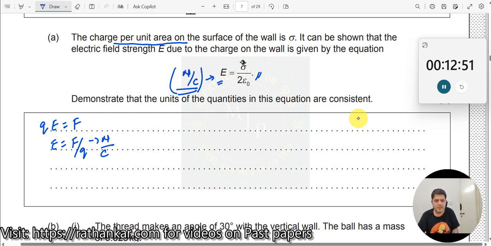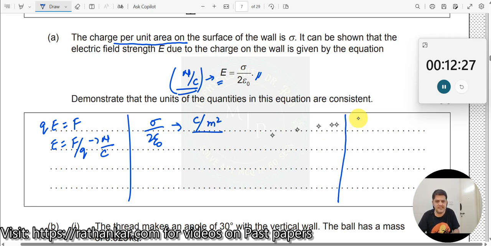Now we need to prove that this will also have the same unit. Now sigma by 2 epsilon naught. Sigma is nothing but charge per unit area. What is area? Square meter. And what about this 2 epsilon naught? 2 doesn't have any unit. Epsilon naught is the question over here. So to get the unit of epsilon naught, let me write it down here.